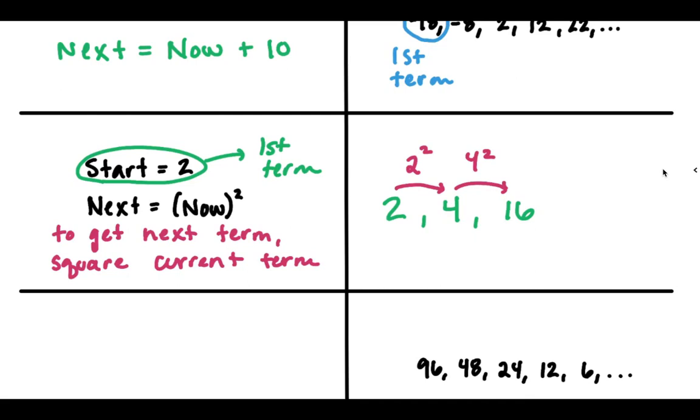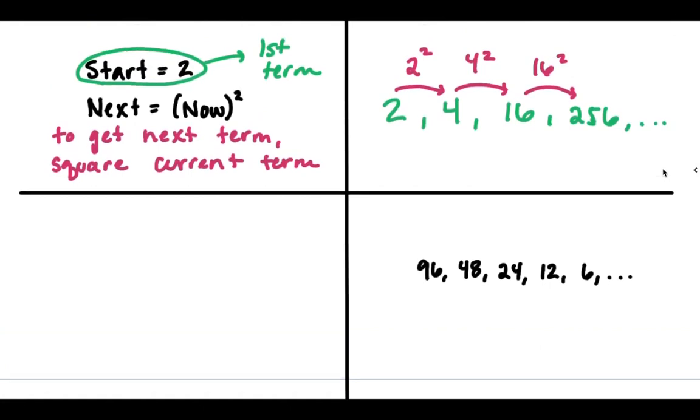Okay, to get the next term, I square it again. So to get the next term, I do 16 squared, which is 256. And we could keep going, squaring, squaring, squaring, to get the rest of the sequence. Okay, so again, we identified our start, we interpreted the rule, and then we applied the rule.